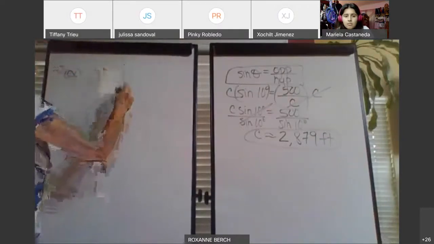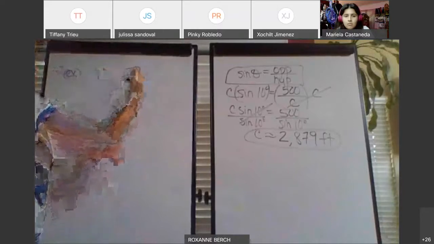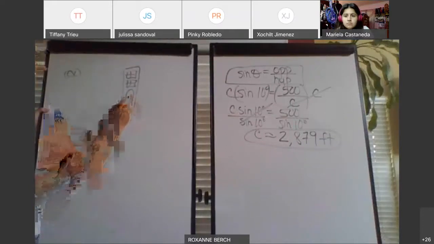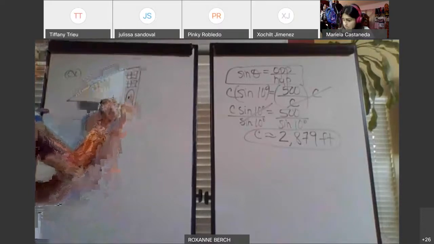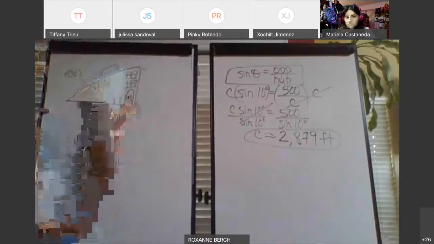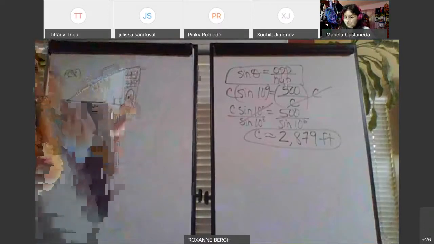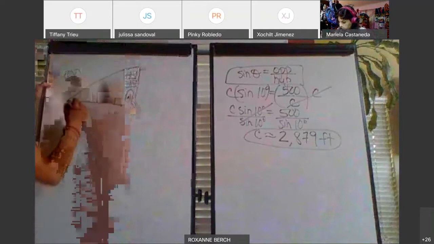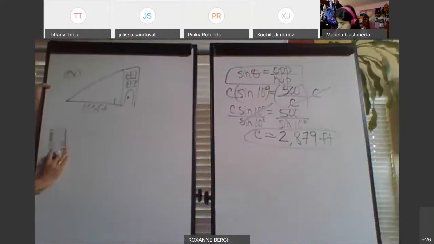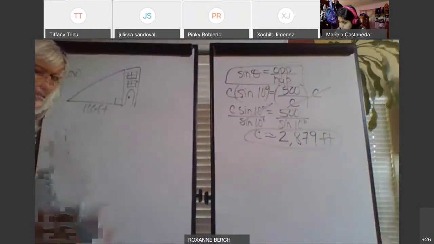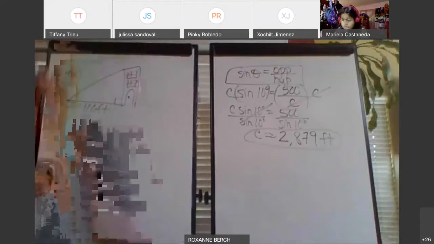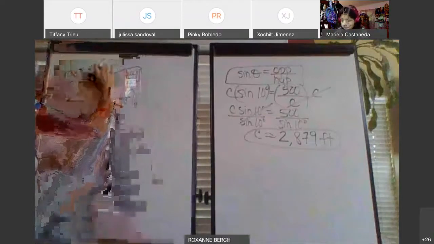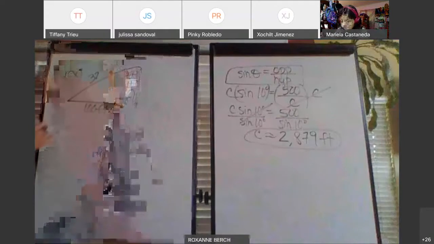Let's say you had a building, and your picture looked like this. This would be your right angle, right? And let's say that they told you there was some type of wire or something that was 100 feet away from the building, and the length of the wire, for whatever reason, let's say they're hanging something on it, is, I don't know, 32 feet. It's got to be longer, I'm sorry. 132 feet.